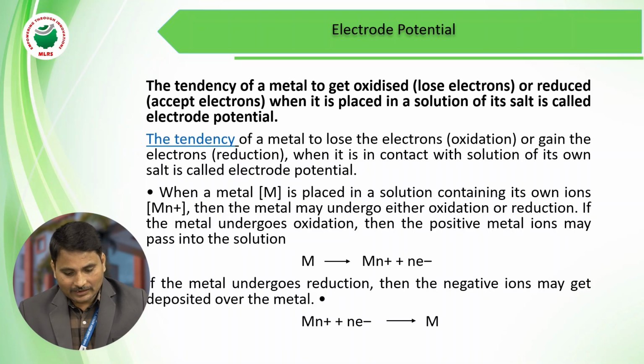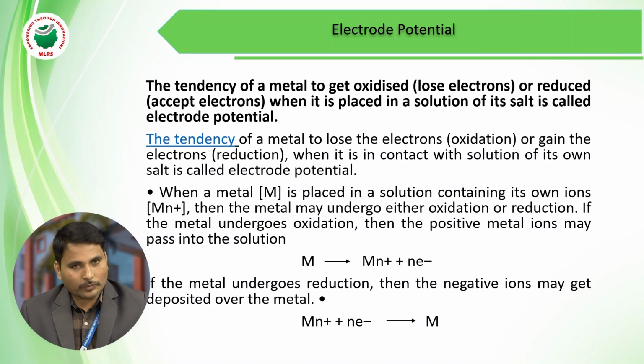It is the tendency of a metal to lose electrons or gain electrons. When the metal loses or gains electrons, there is an energy difference. This energy difference we call the electrode potential.